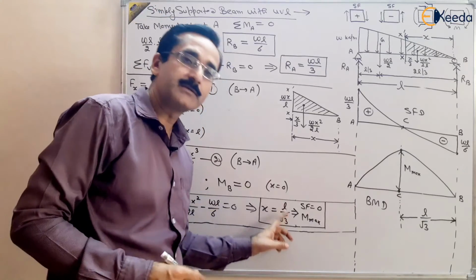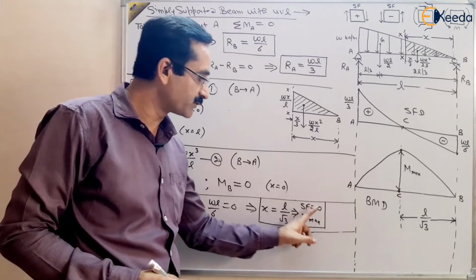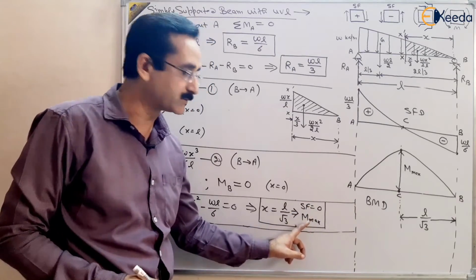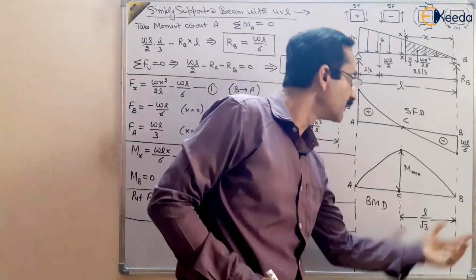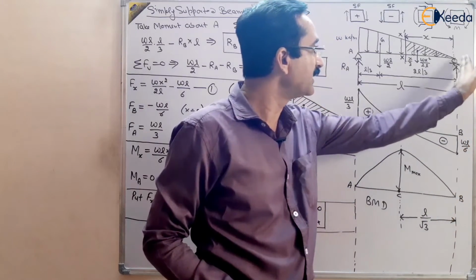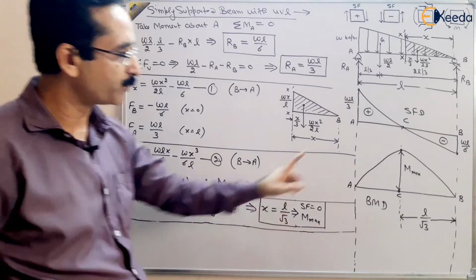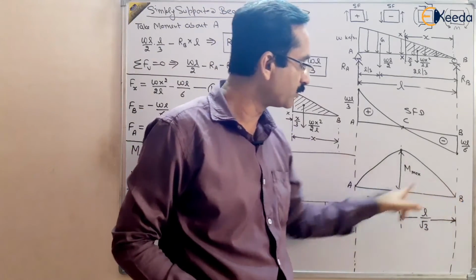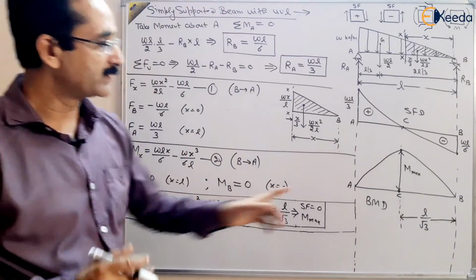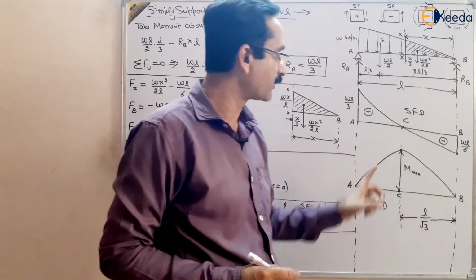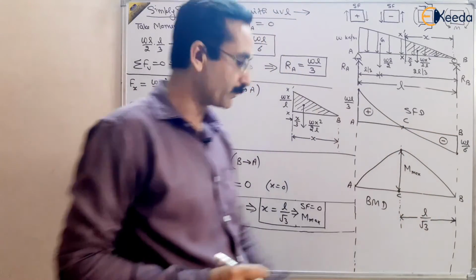We have written L by root 3 because x was taken from point B. So BC is the distance of the maximum bending moment, or where shear force is 0, right?